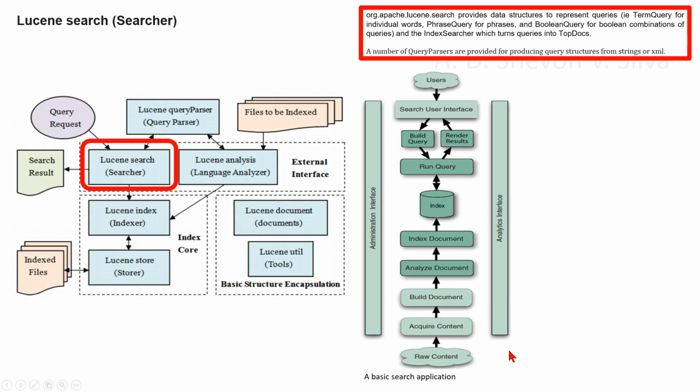Second, granular control. Lucene allows you to control various aspects of indexing and searching, making it suitable for complex use cases. Third, indexing and searching performance. Lucene, being a low-level solution, is known for its indexing and searching performance, making it a solid choice for projects that require efficient search operations. Fourth, ranking control.